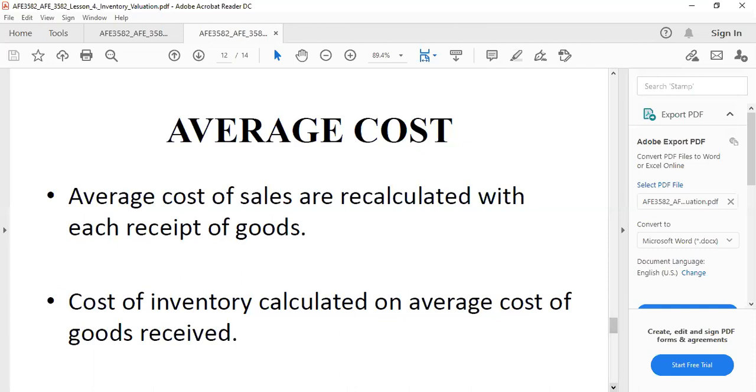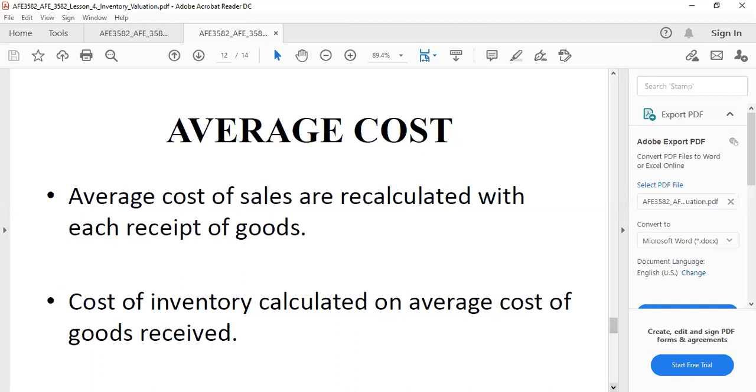We have to issue out the items using their average cost. And to calculate average cost, it's total cost divided by total number of items. We'll get to this when we do the example together.